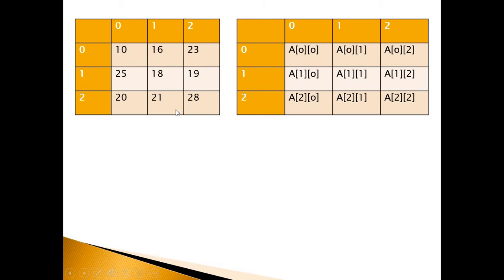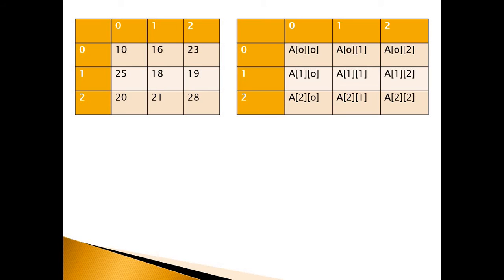To fetch the elements of the last row, we use the subscripts A of 20, 21 and 22. This is how the values in two-dimensional arrays can be fetched one by one.